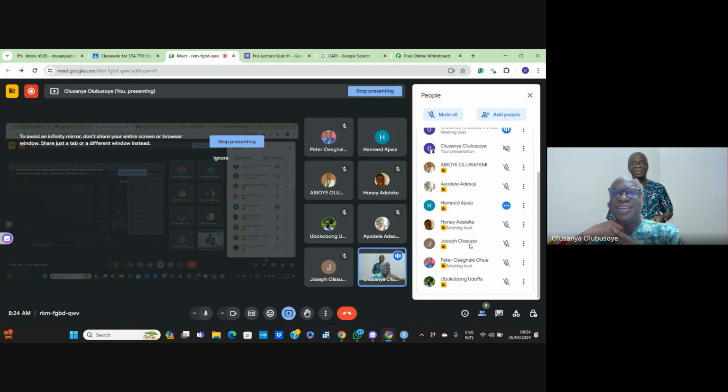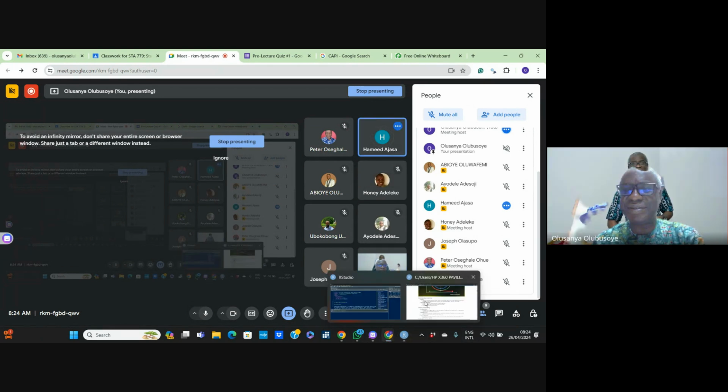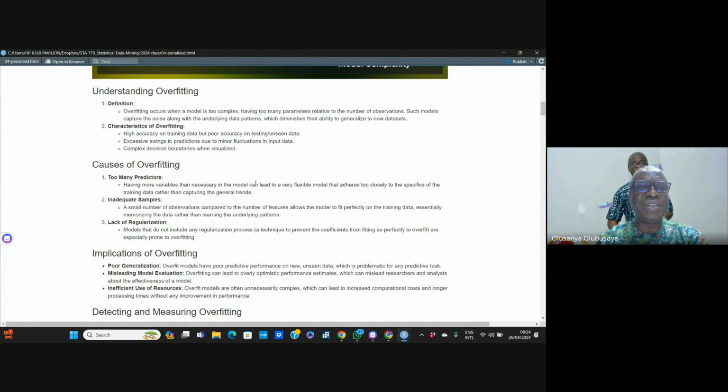Okay, so is it clear up to this point? Yes, sir. Great. So too many predictors can lead to overfitting. Another is when your sample size is very small. That can also lead to overfitting. So it's always good to have sufficient data points because you are splitting your data, even though there is no particular threshold for now.